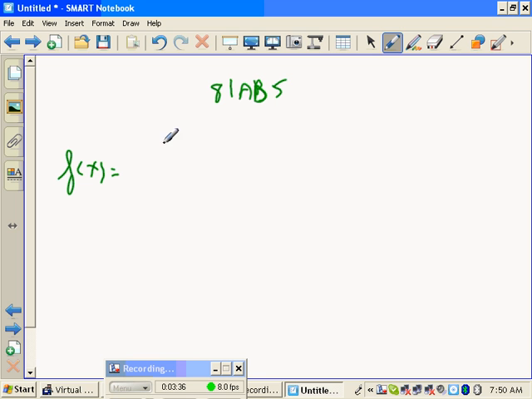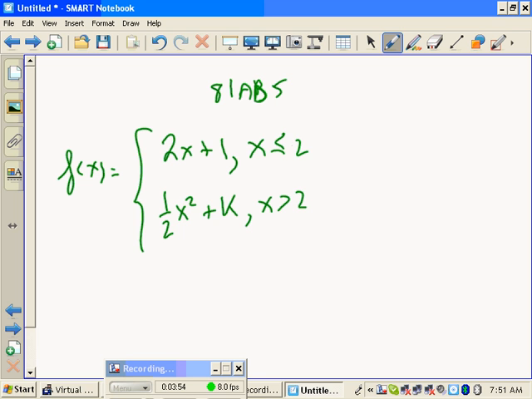It's linear, mx plus b, when x is less than or equal to 2. And it's parabolic elsewhere. But we don't know this constant k. Okay? So when x is bigger than 2, you have this line. When x is less than 2, you have this parabola.